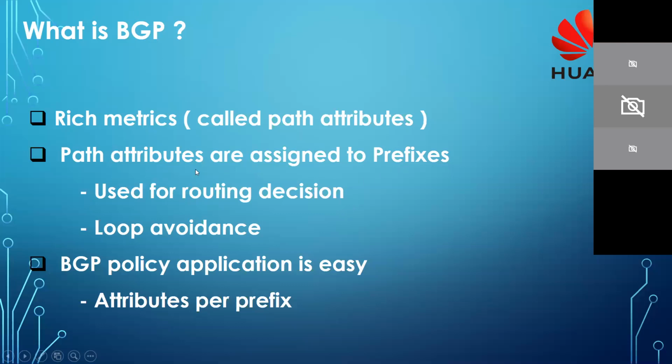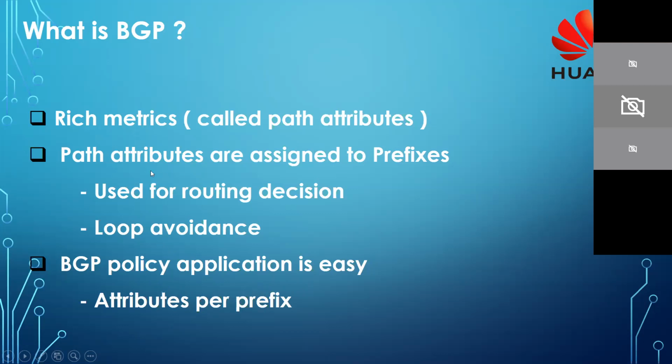Every route has its own metric or path attributes. So for routing decisions, we can apply policy differently for every prefix, because one prefix can have one set of attributes and another can have different attributes. This is why policy application is easy in BGP. You can implement policy for every prefix, not for the link like IGP does.